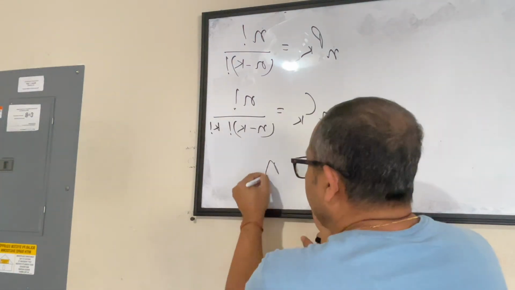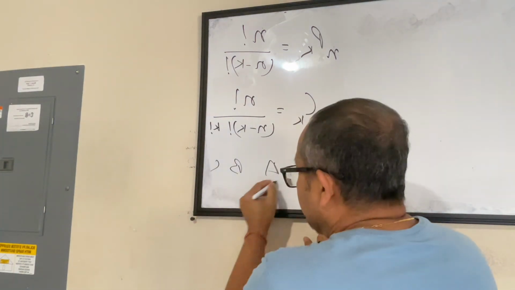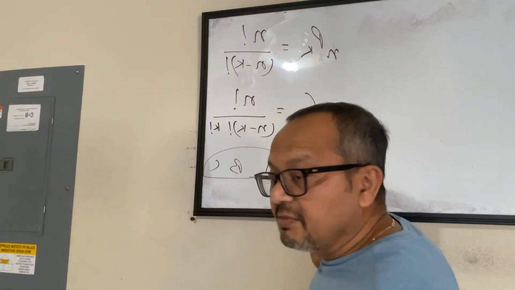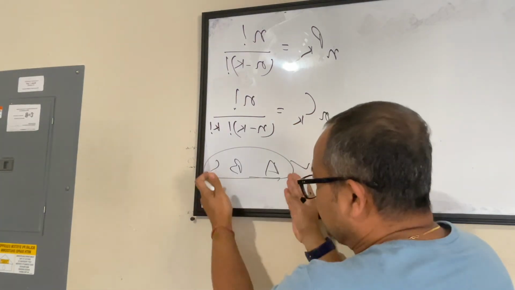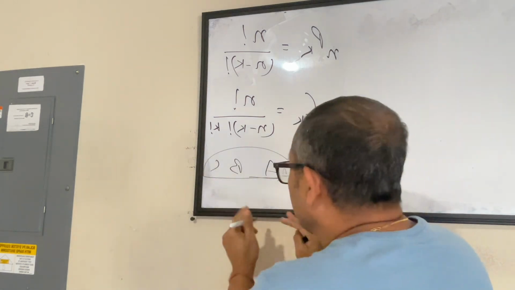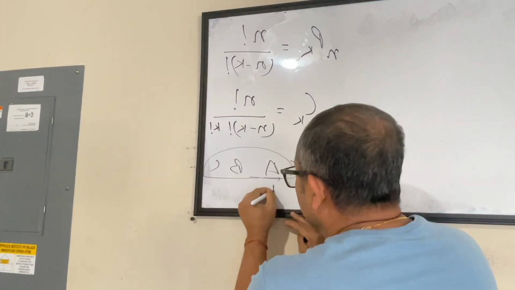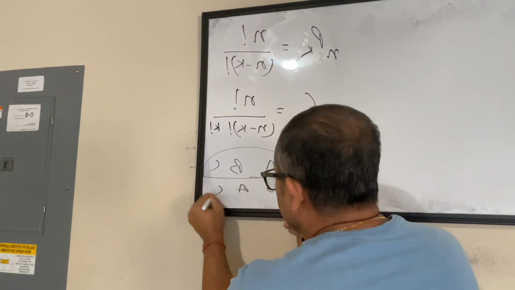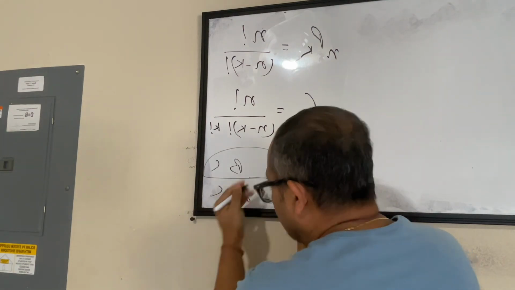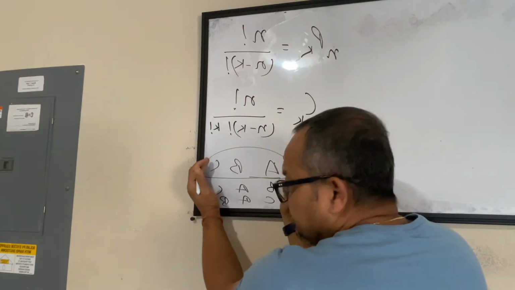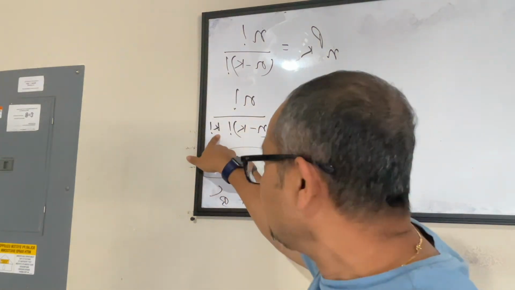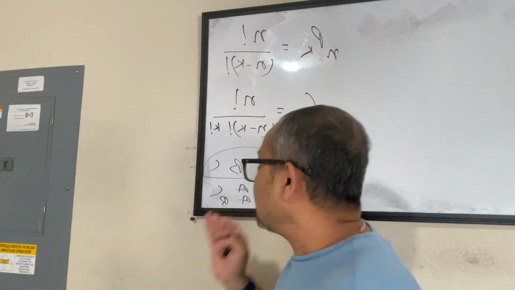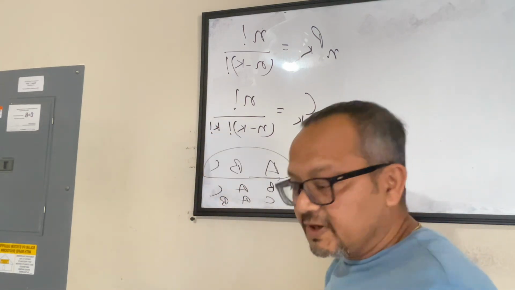Let's say you have A, B and C, three things; this is considered one combination. Even if you have B, A, C or C, A, B and other options, all these together are considered one combination.